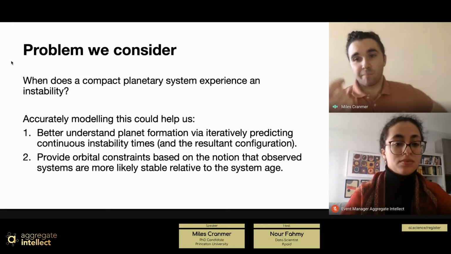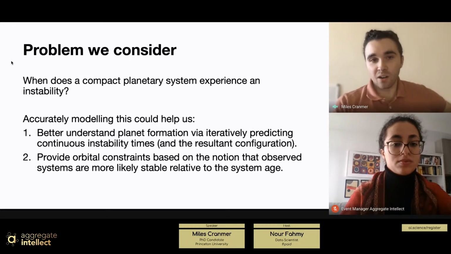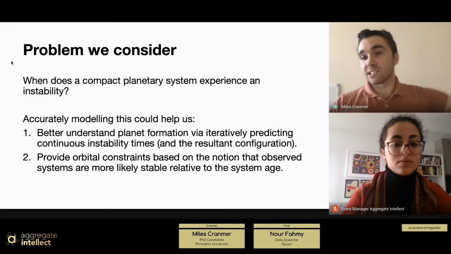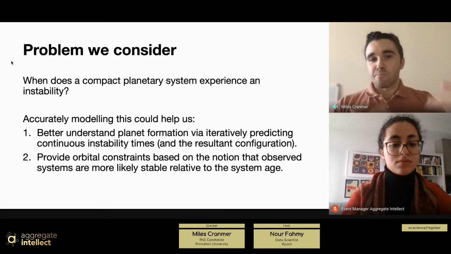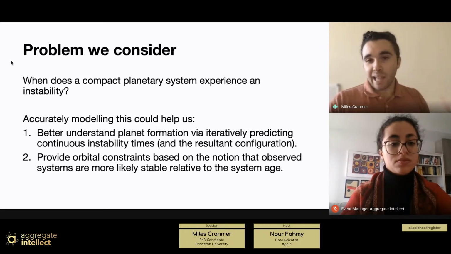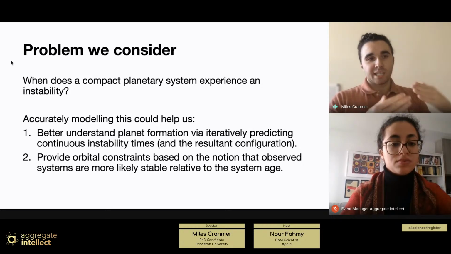When does a planet crash into the star, or get ejected from the system and fly off into space? If we can better model this problem, we can better understand planet formation, because maybe we can predict when 2 rocks are going to collide into each other and form a planet.